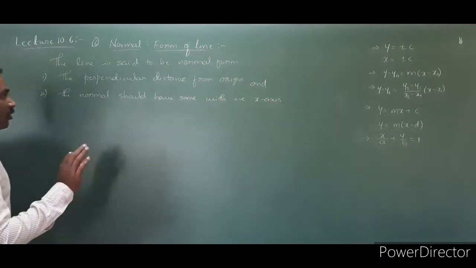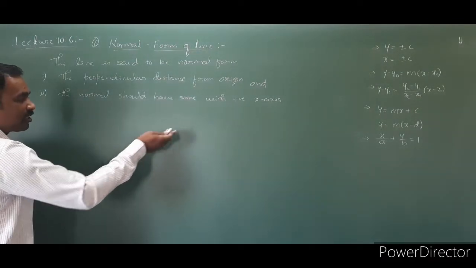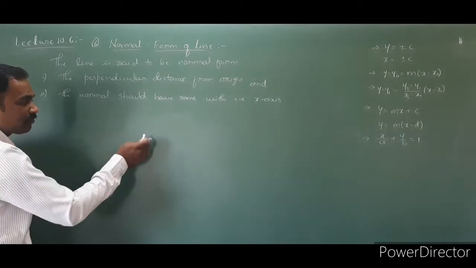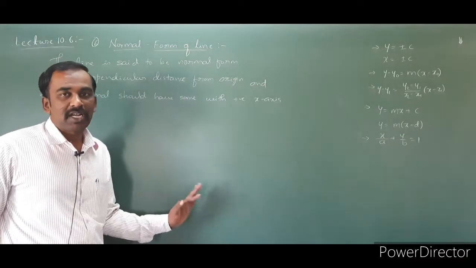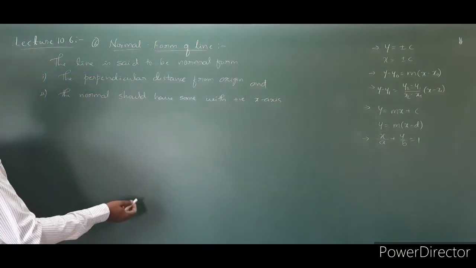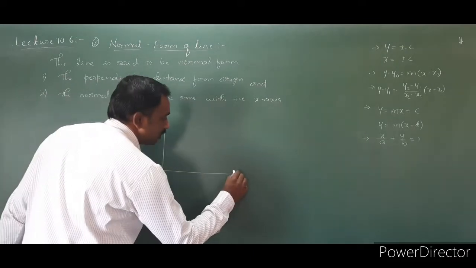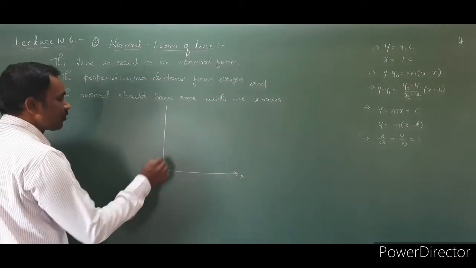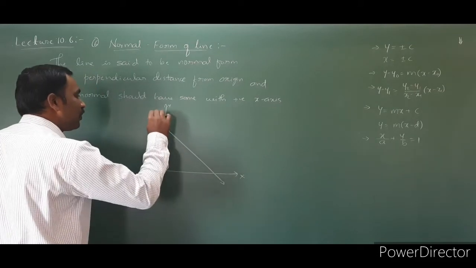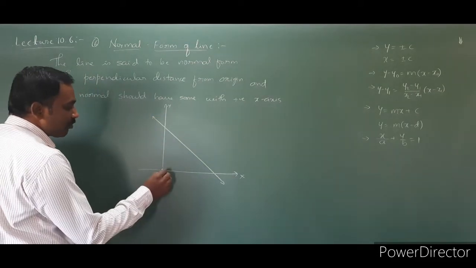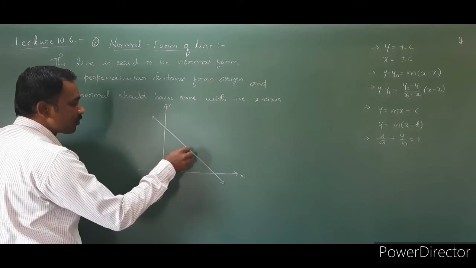Normal form of the line is nothing but the line's perpendicular distance from the origin, and that perpendicular has some angle with the positive direction of the x axis. Here actually four orientations are there. This is the x axis, y axis, and this is the given line L. So, normal form is nothing but perpendicular distance from the origin.